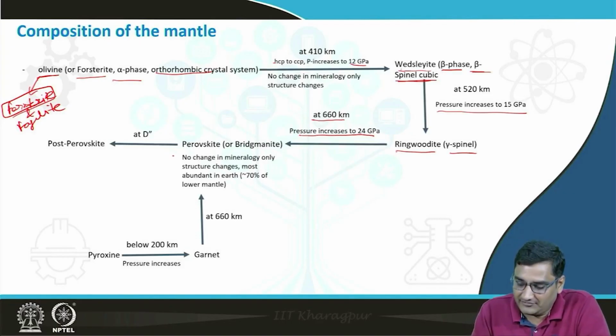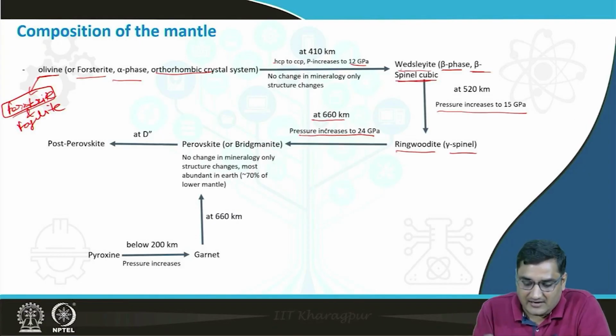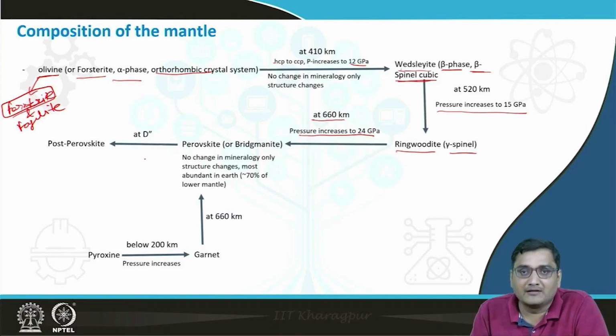And this perovskite is the most abundant mineral in the earth. Around 70% of the lower mantle comprises perovskite, and this perovskite at the D double prime layer changes to post perovskite. And there is another mineral present in the upper mantle, as we talked about in the previous lecture.